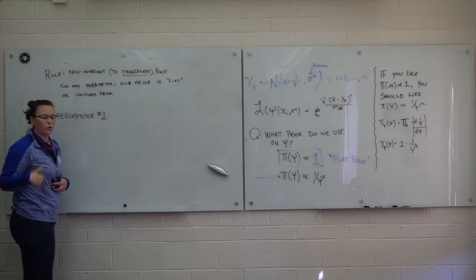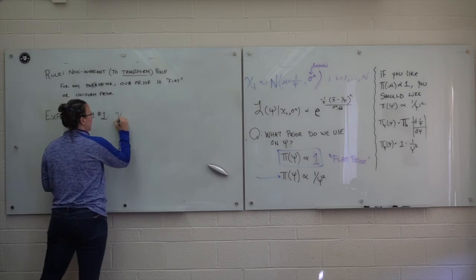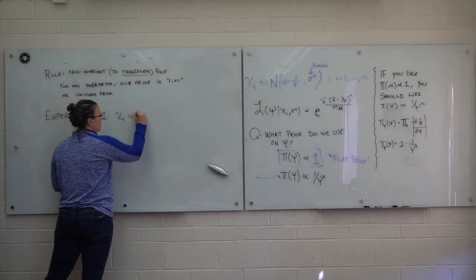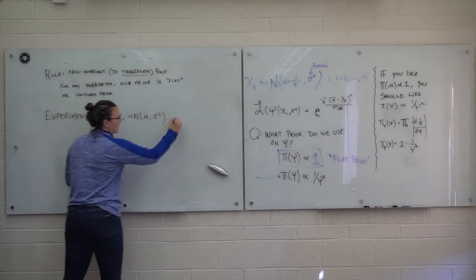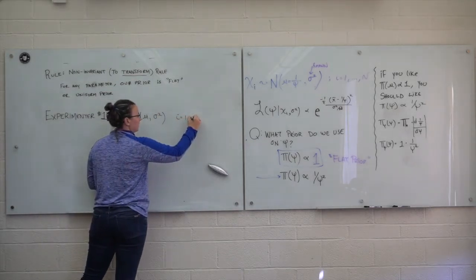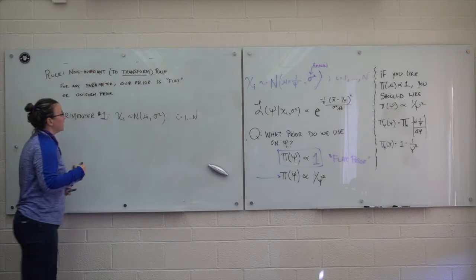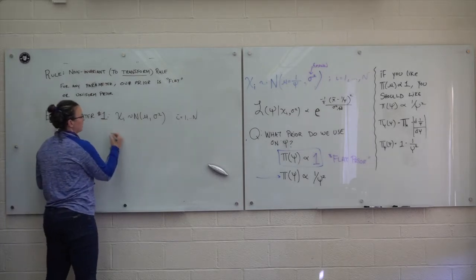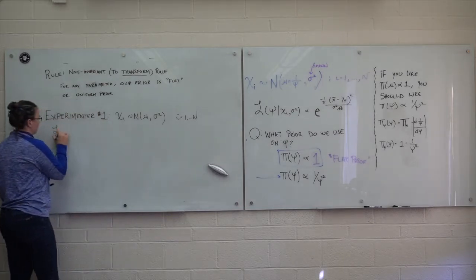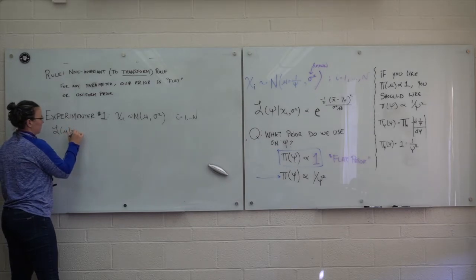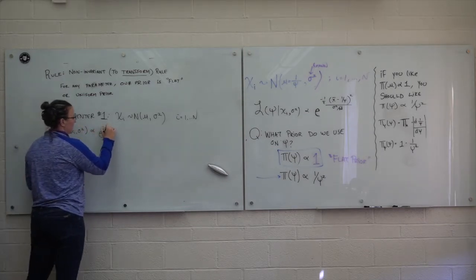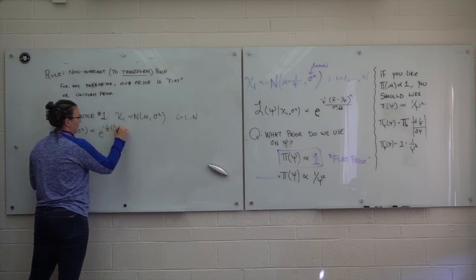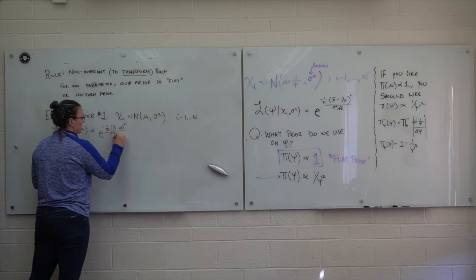was our typical person who said they like their data coming from a normal with mu, sigma squared. Again, we have our data. And their likelihood for mu is proportional to e to the negative 1/2 (x bar minus mu) squared divided by sigma squared over n.